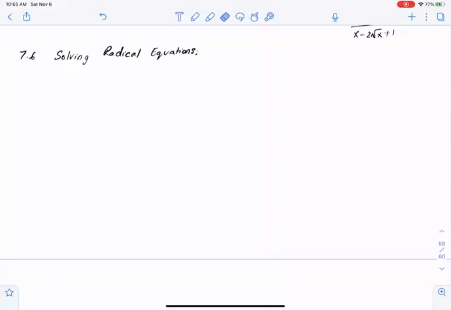So how do we solve radical equations? Key things to remember, just like any other equation, we've got to make sure the right-hand side is 0.